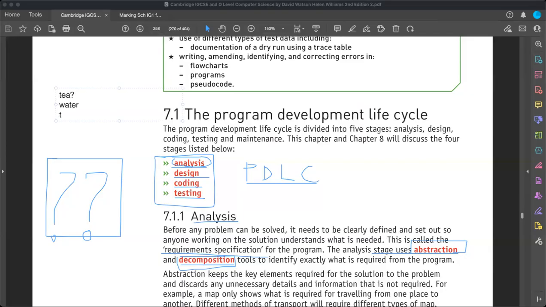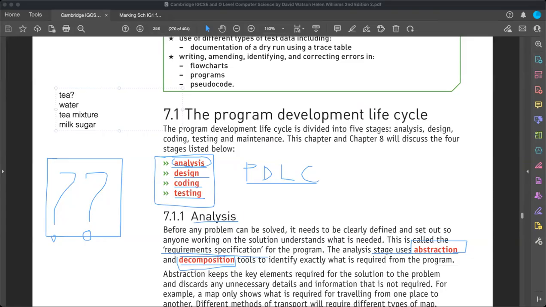You need tea mixture, isn't it? Yes, sir. You need milk, sugar, right? So this is called requirement specification. To think about what is needed to complete a solution is called requirement specification.